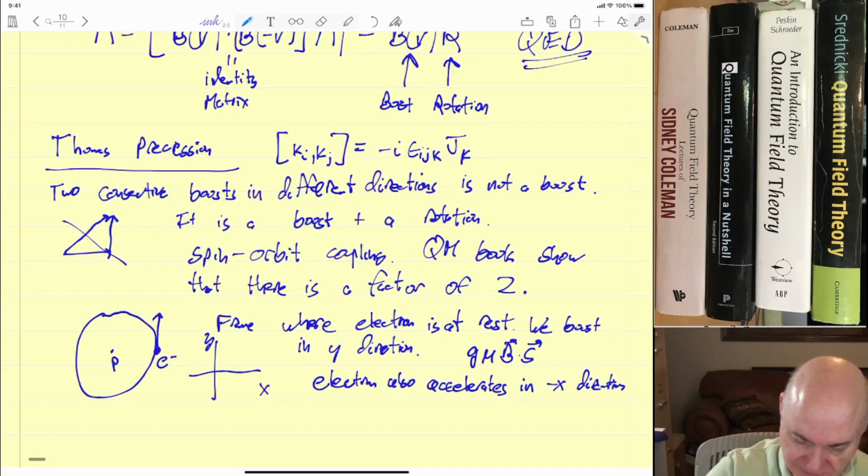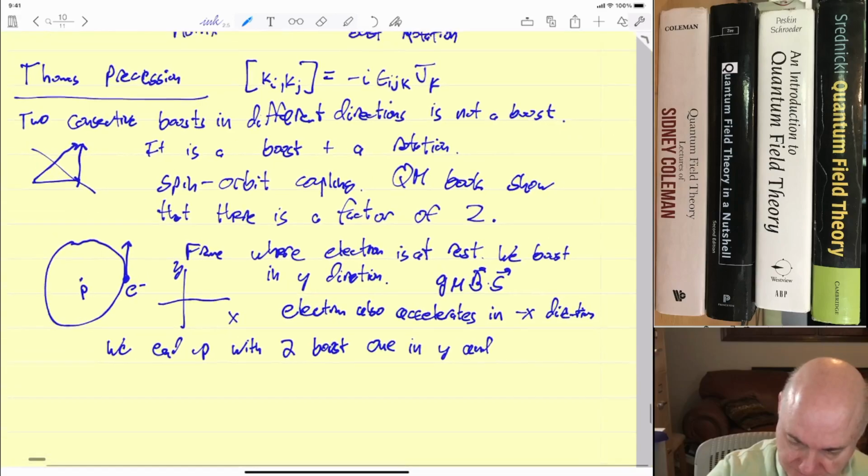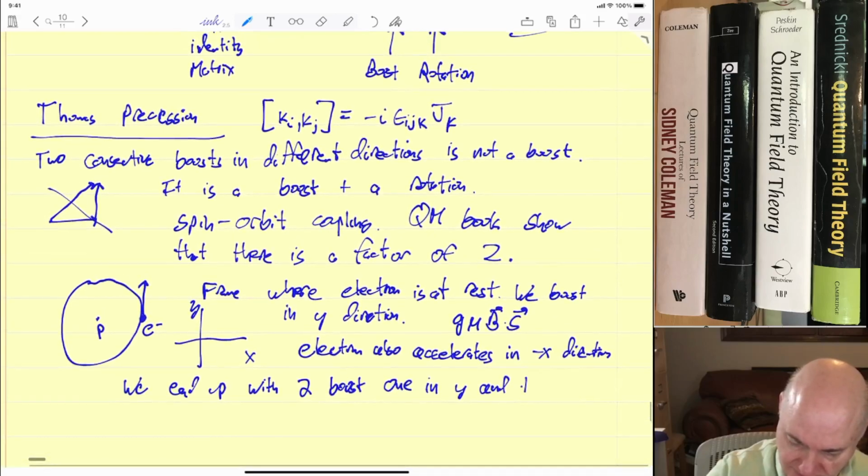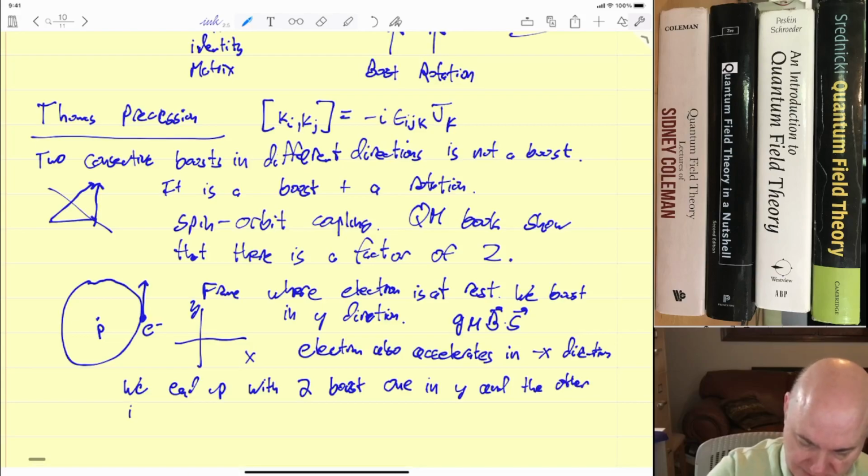So we end up with two boosts, one in the y direction and the other in the minus x direction.